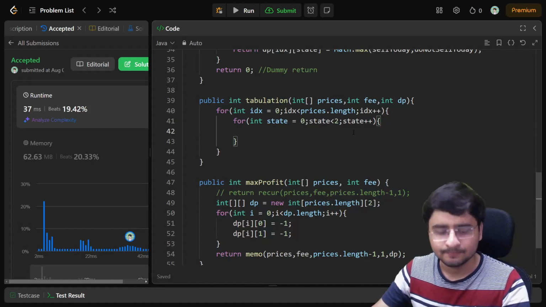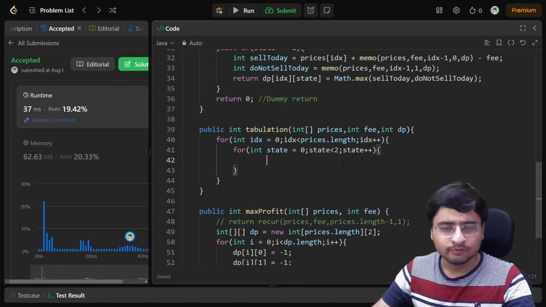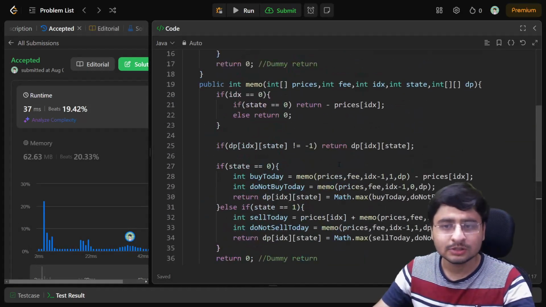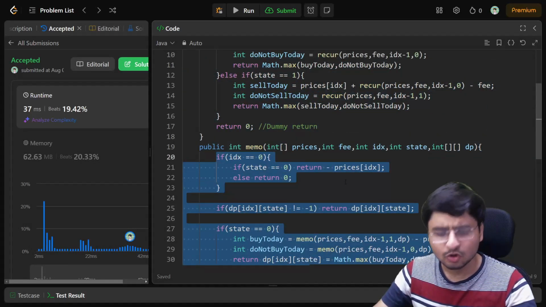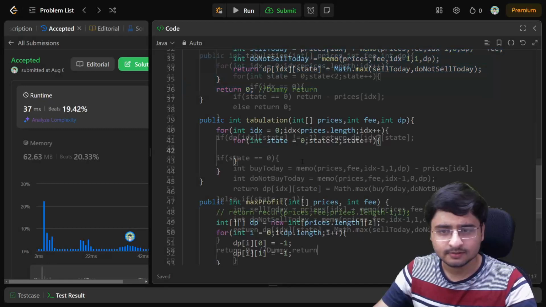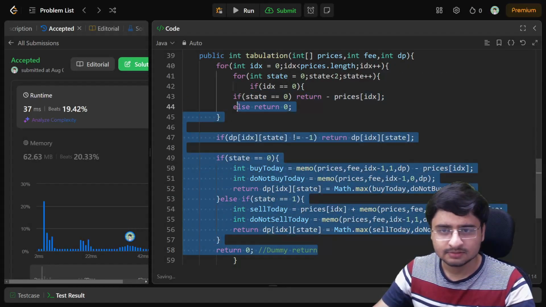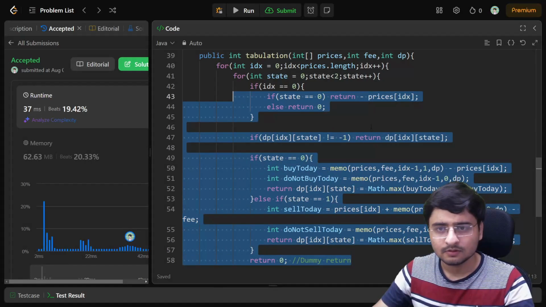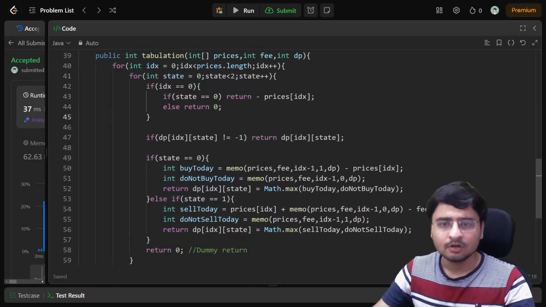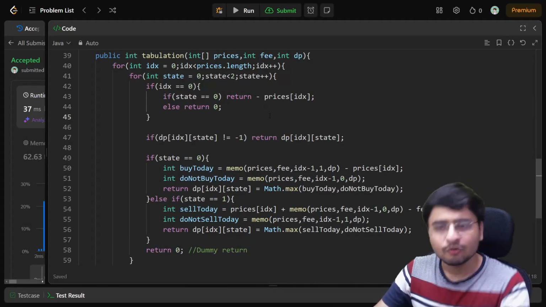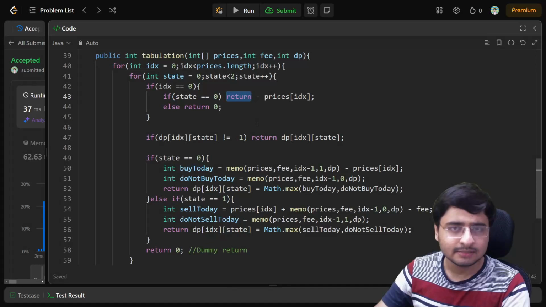Correct. Okay. Now what we're going to do inside these loops is simply copy paste this memoization code. This is the memoization code we were talking about. Now we need to format this memoization code. Wherever return statements are written, you'll have to write continue statements.